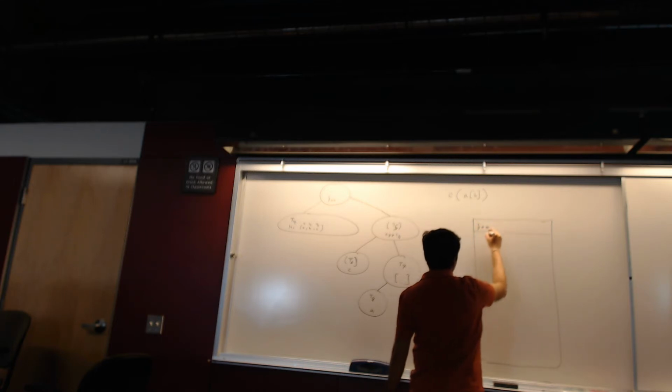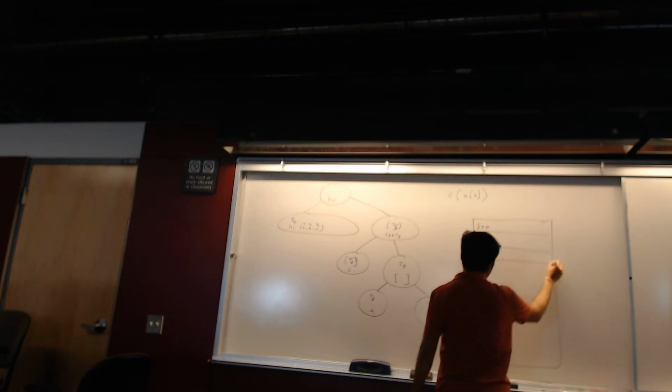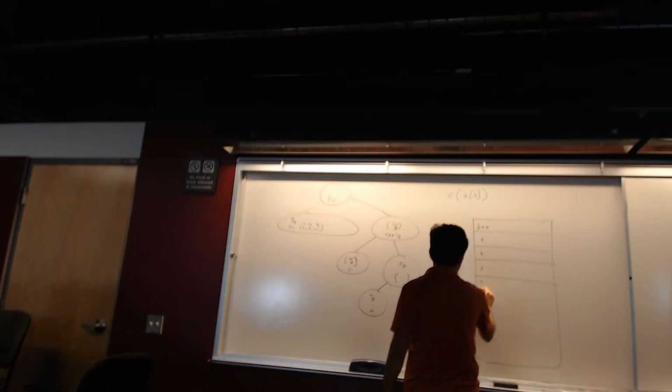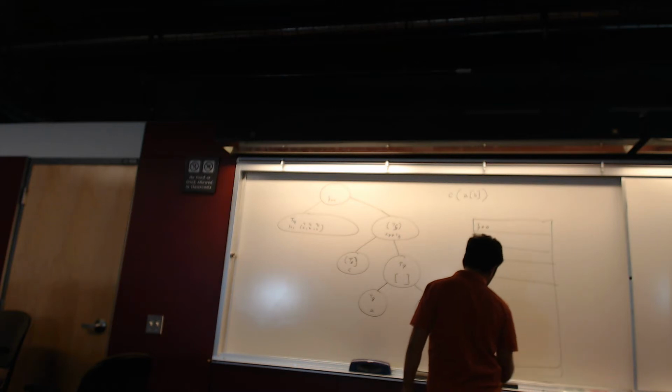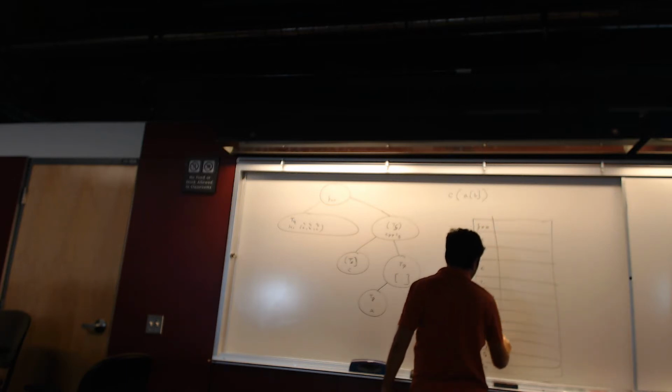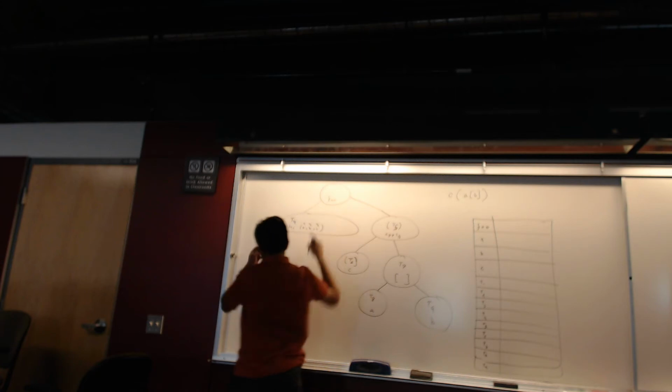So you have this table. You have to have foo here, A, B, C, and all the unresolved types. So you have to have T1, T2, T3, T4, T5, T6, T7, T8, and T9. Now we go to the top of the tree.